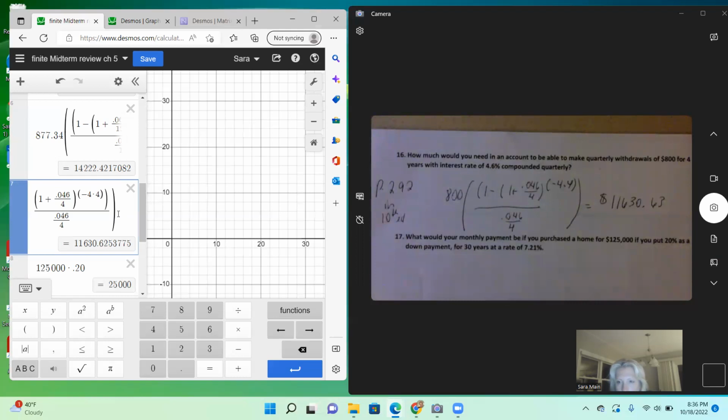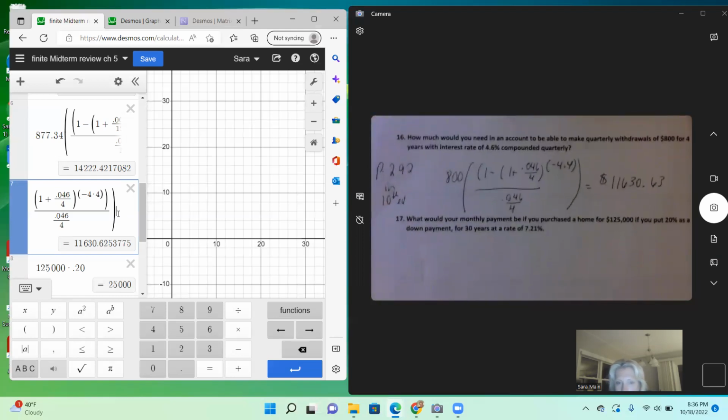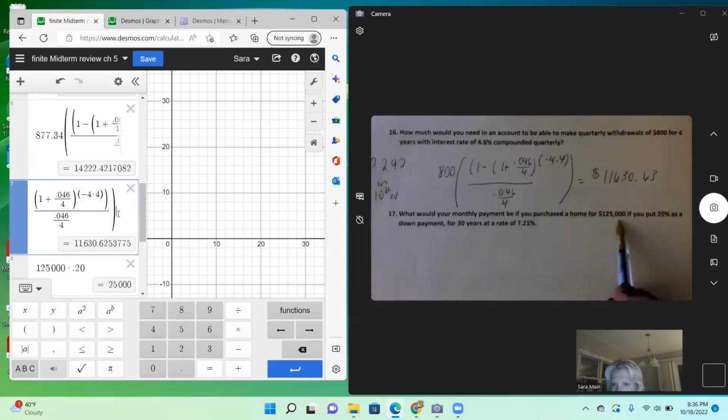And then the last problem says, what would your monthly payment be if you purchased a home for $125,000 if you put 20% as a down payment for 30 years at a rate of 7.21%? That's the going interest rate right now. So they went way up.